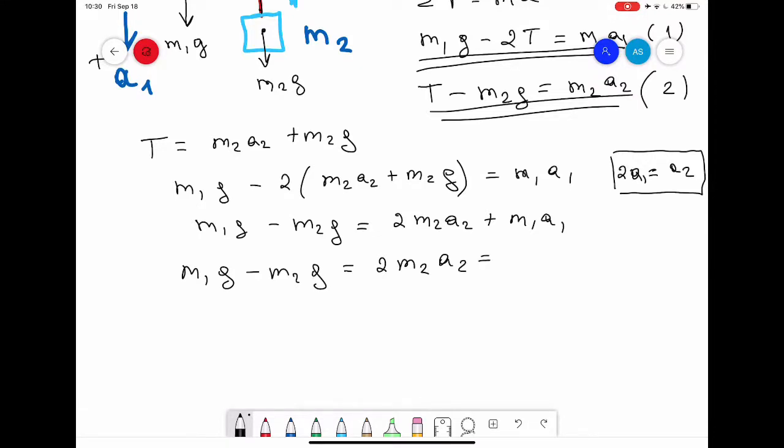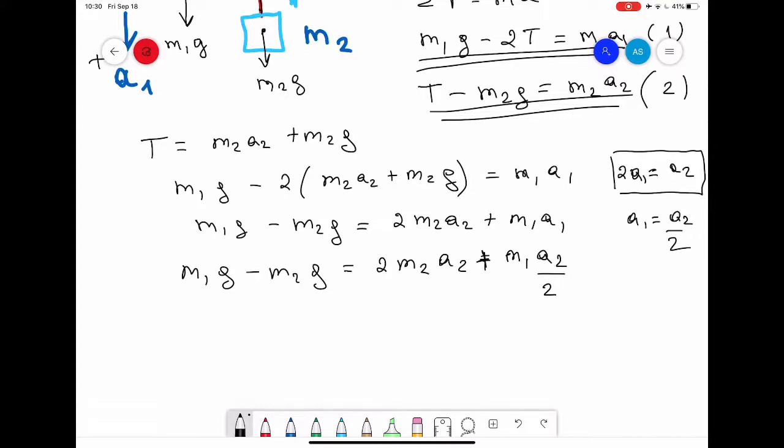Then is equal to plus M1. Now A1 is equal to A2 divided by 2. Okay, so we just substituted. So here we said A1 is equal to A2 divided by 2. So we substituted for A1, and we get A2 divided by 2.